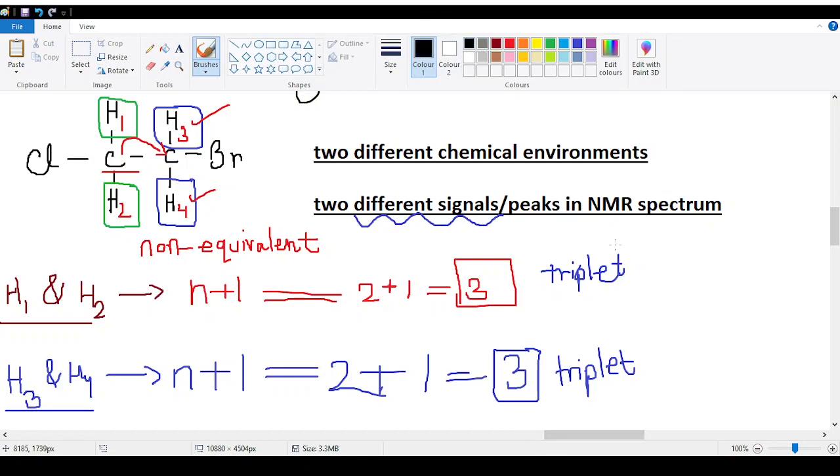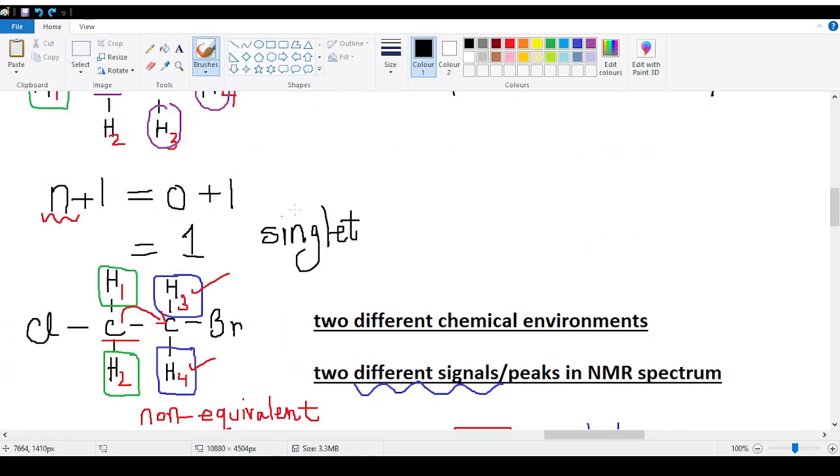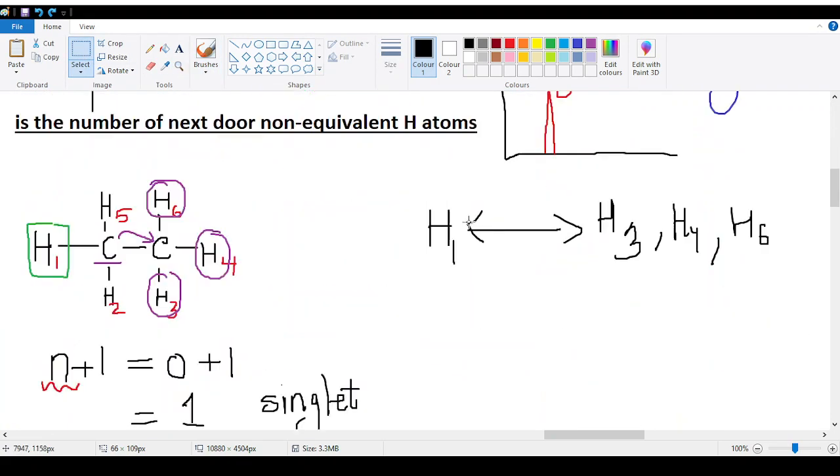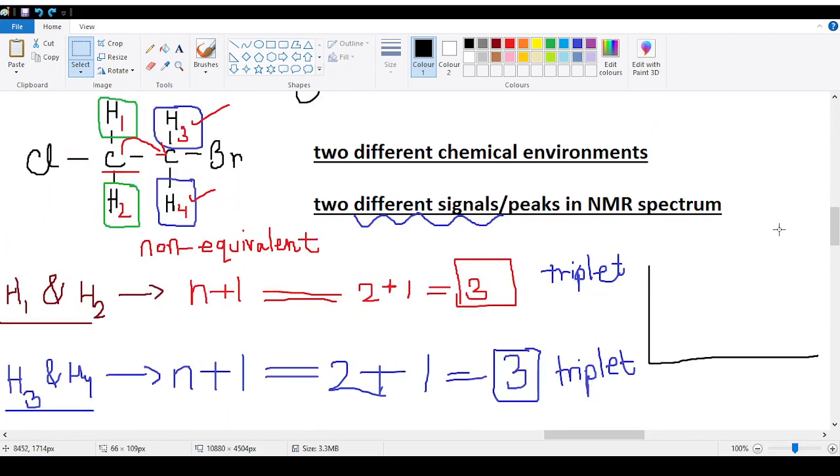So if I show you a rough idea of what the graph could look like, you'll get one triplet spectrum, and then another one. My drawing is not that good, but the triplet spectrum looks like this. In your graph you will get two separate triplet patterns. Is that fine?